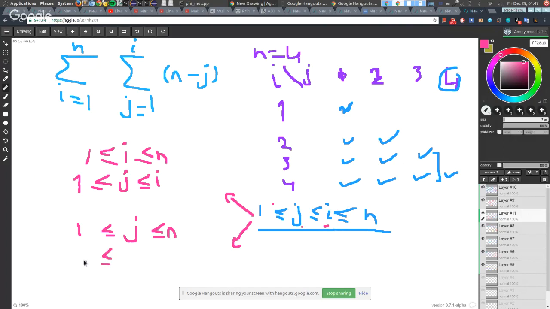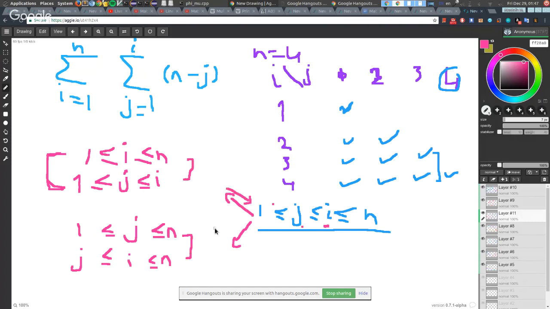Then in that case, we'll find that i has the constraint between j and n. So these 2 constraints, if we mix them together, are equivalent. The conjunction of those 2 is equivalent to this expression.